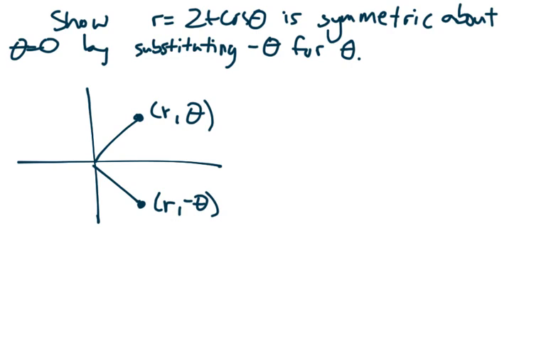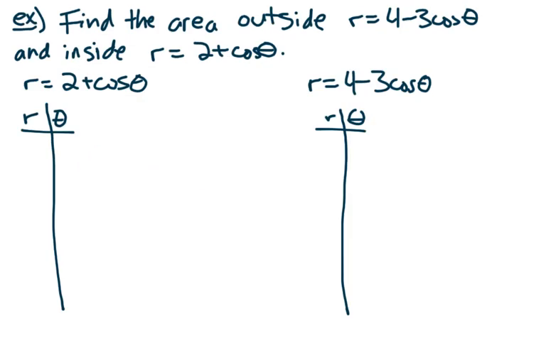This is our symmetry test, and you do the same thing for r equals 4 minus cosine theta. It's going to work out, which means that we really only need to plug in thetas from quadrants 1 and 2, and quadrants 3 and 4 will be mirrors of those. So we're going to plug in 0 and pi over 3, and the quadrantal angles and everything with the pi over 3 reference angle.